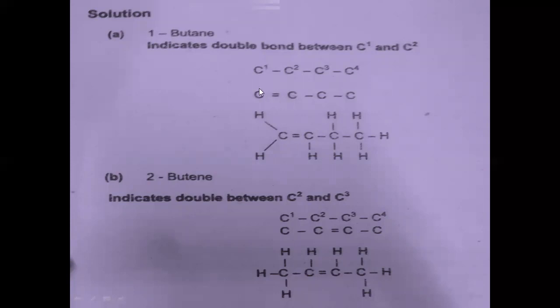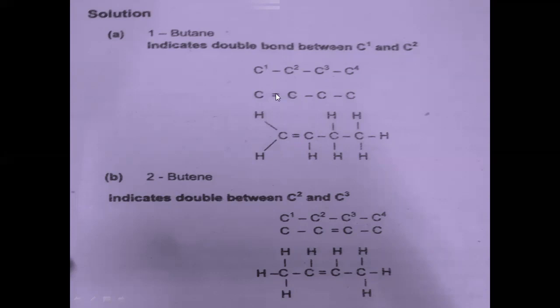Then we have to complete the 4 bonds, or valency, of each carbon atom by attaching hydrogen atoms to each carbon atom. This carbon atom has 2 bonds in front, and it means it needs 2 more bonds. So you can see we will attach 2 hydrogen atoms to this carbon number 1.